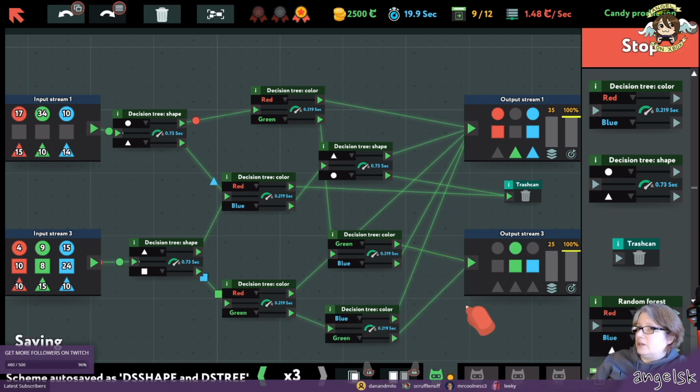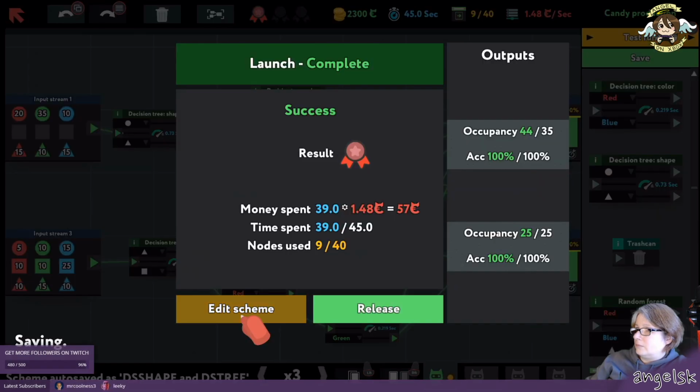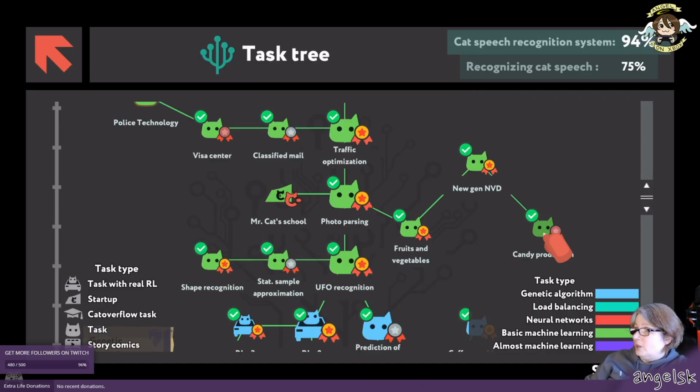I think that should take care of the accuracy. Yep. I mean, it's not great on the timing, but at least the accuracy is good. It gives us a medal.